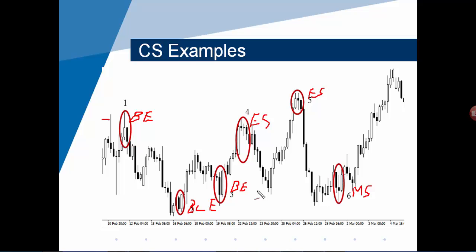Now, this concludes today's lesson on Japanese candlesticks. And again, as always, I'm urging you guys to continue to practice. Go through your charts, do back testing, identify these patterns, identify the candlestick patterns, the chart patterns, look for your resistance and support levels. And by now, you should be able to place trades.